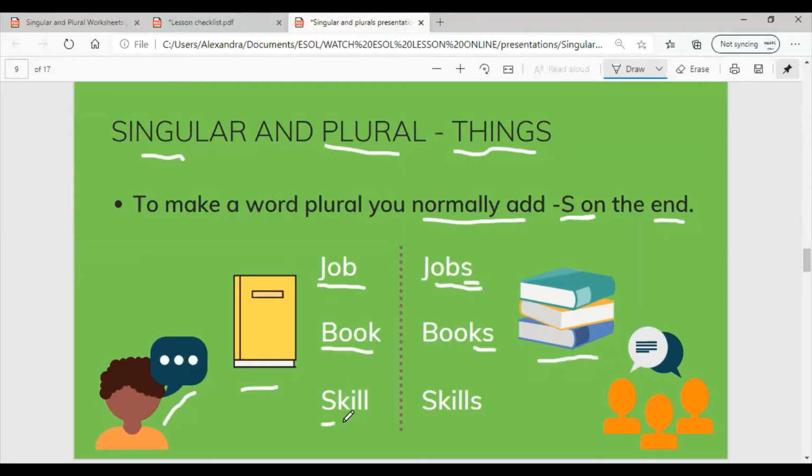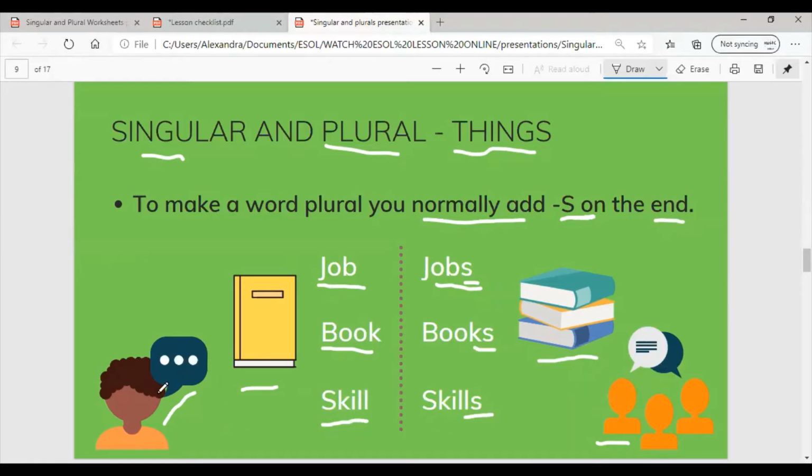But skill could be one, and when we add the S on, you could have many. So instead of just communication skills, you could have listening skills, teamwork skills, anything really, anything you could be good at. But this S on the end tells us that there's more than one.